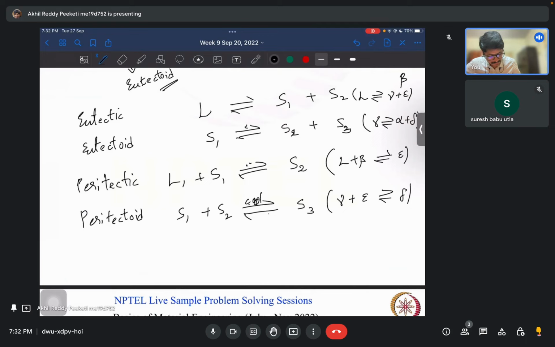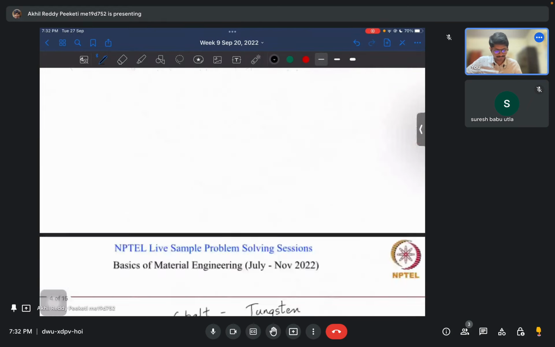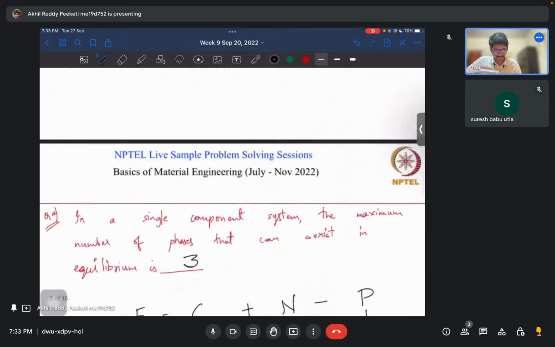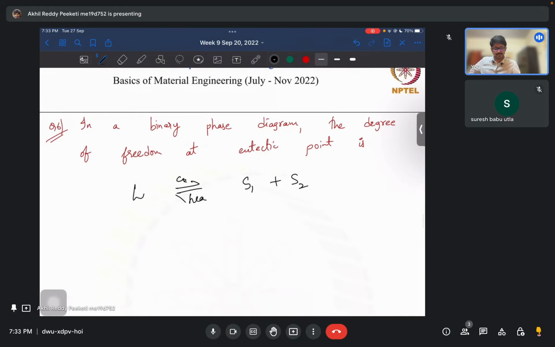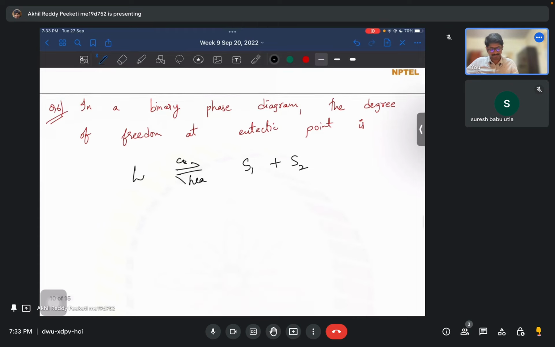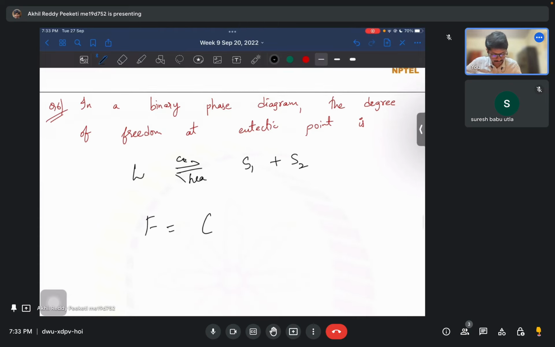So this is cooling, this is heating. Now at this point, what is the degrees of freedom? We know that it is equal to C plus N minus P. So how many phases are there at this eutectic point? 3.